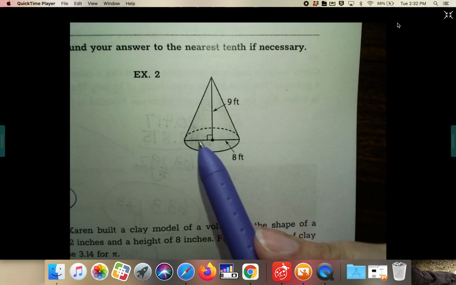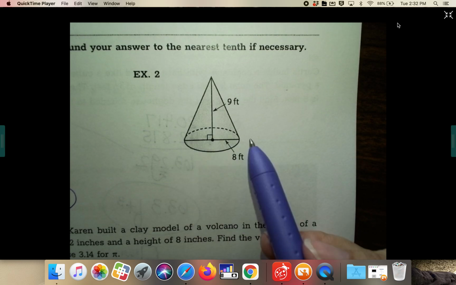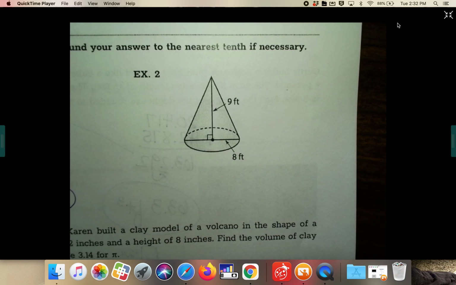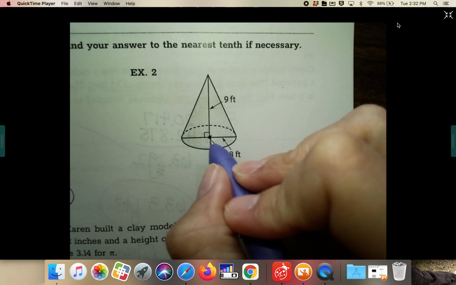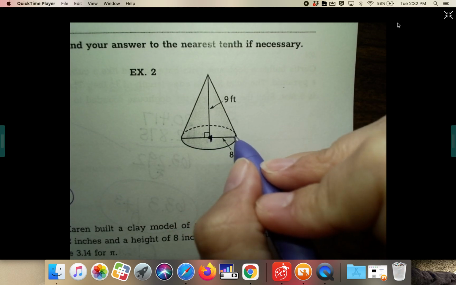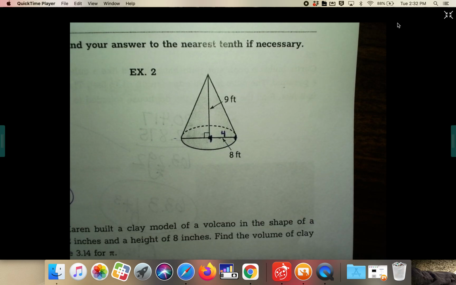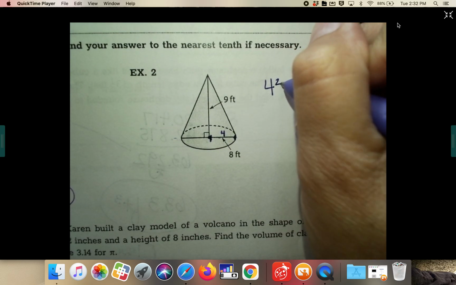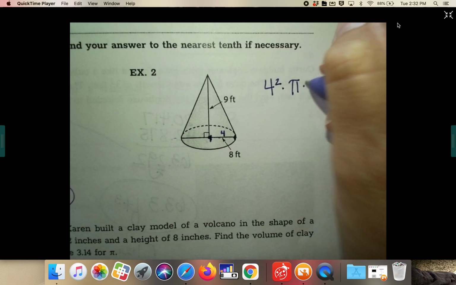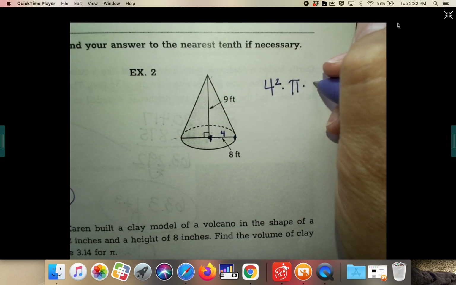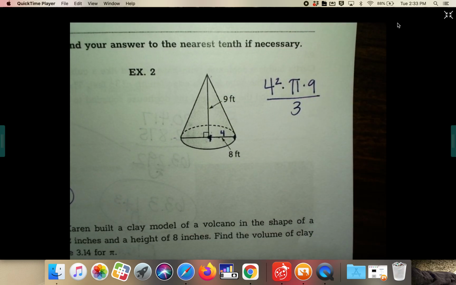Here's an example of one where it gave us the whole diameter, which is 8. If it gives us the whole diameter is 8, we only need to come up with the radius part of it, which would be half of it. So if the whole thing is 8, I only need 4. So I want to do 4 squared times pi times my height, which is 9, divided by 3.